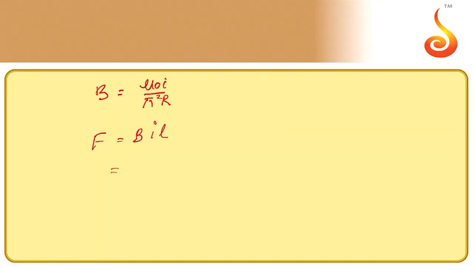If I simplify it, this is mu naught I square divided by pi square R per unit length. So this is force, and therefore force per unit length turns out to be F by L, which is Bi.